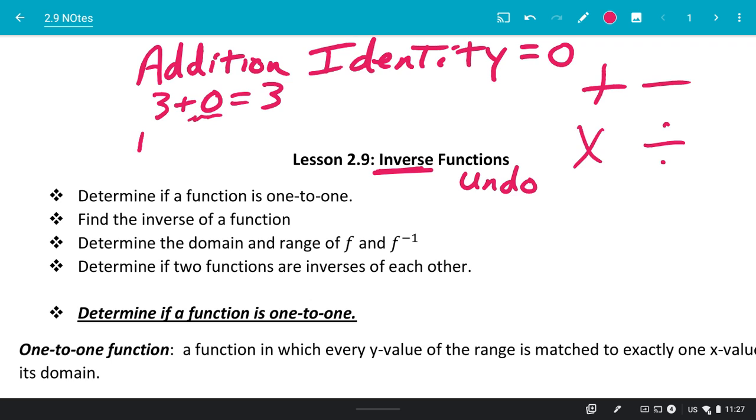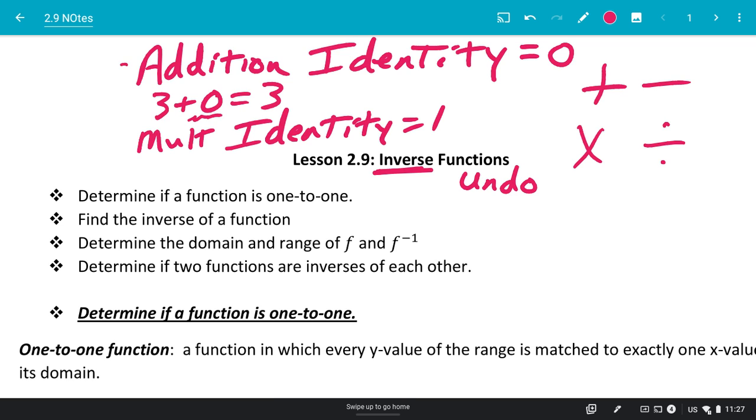Just like there's a multiplicative identity, which is 1. Okay? Well, under addition and subtraction, for things to be inverses, you must get that identity. For example, 3 plus some number has to equal 0. 3 plus what number? A -3. So 3 and -3 are additive inverses of each other, right?